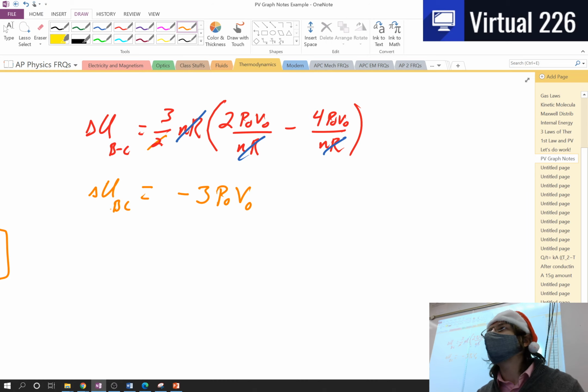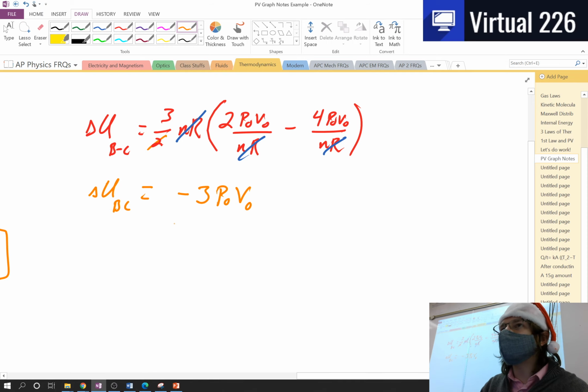That means that somehow energy was taken out of our ideal gas. This could have happened because maybe the vessel containing our ideal gas was put into an ice bath. Maybe after a long time, heat was able to leach from that container, from that vessel.